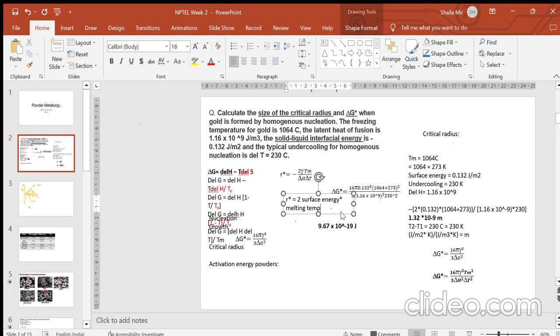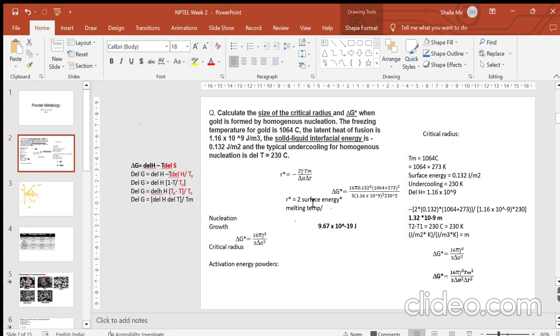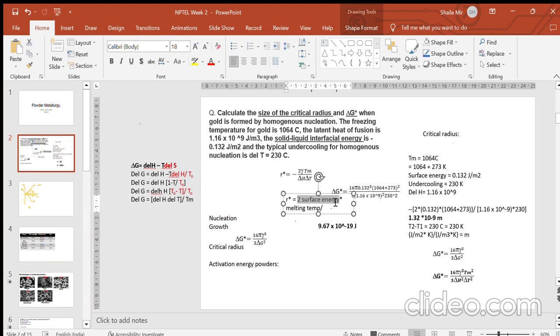But this delta G by delta T, you found it using this equation, that it is the volume free energy, right? So you can write this critical radius also as 2 times the surface energy into the melting temperature, or you can write it as 2 times the surface energy divided by the Gibbs free energy for surface change. Why?